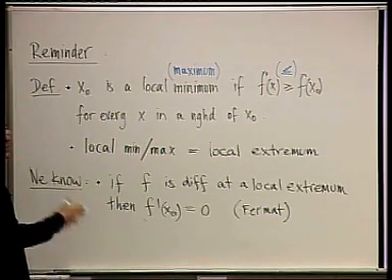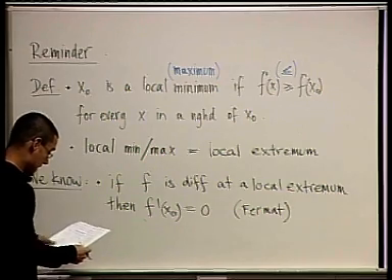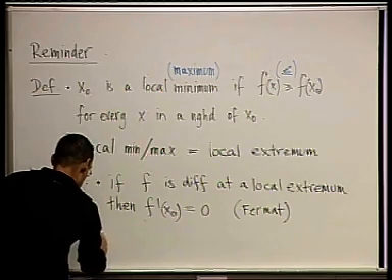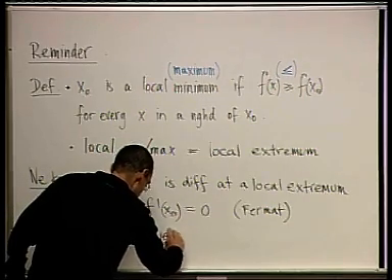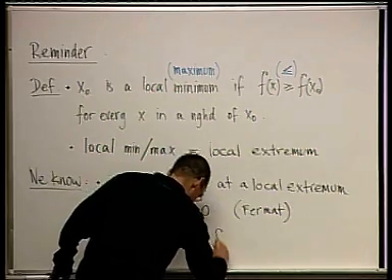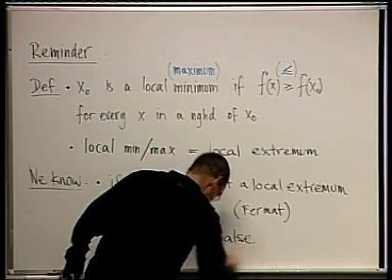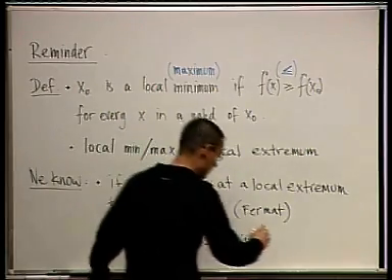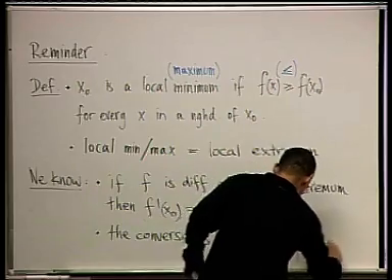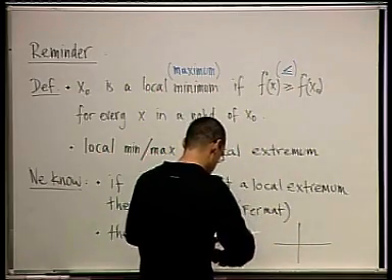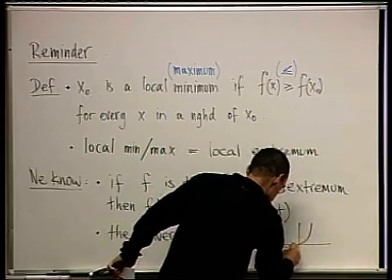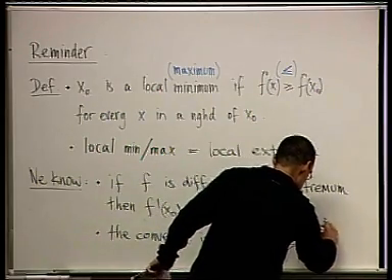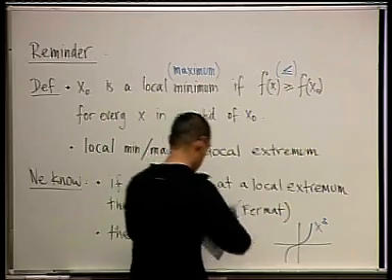So this is one thing we know. And we know that this is not an if and only if statement in any sense. So the converse is false. And the example that we mentioned, but there are of course many others, is the function x cubed at 0.